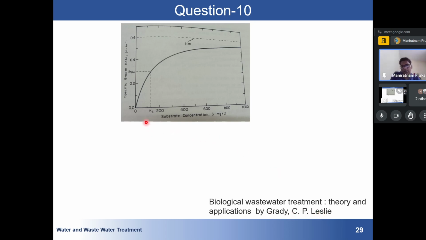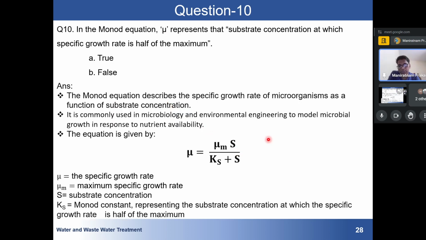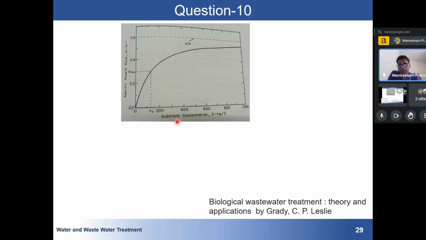Here you can see the growth rate of the microorganism and the substrate concentration. The growth rate keeps increasing depending upon the substrate concentration, and this is governed by this equation.